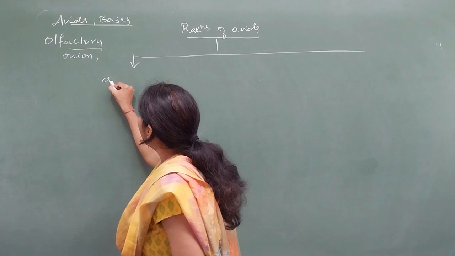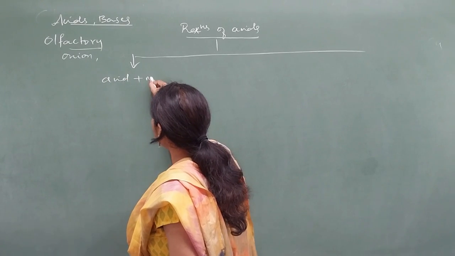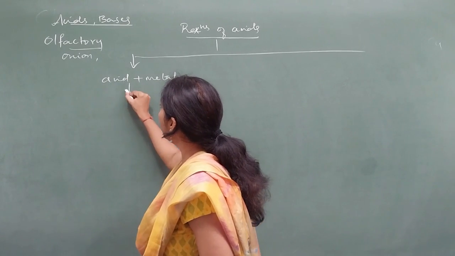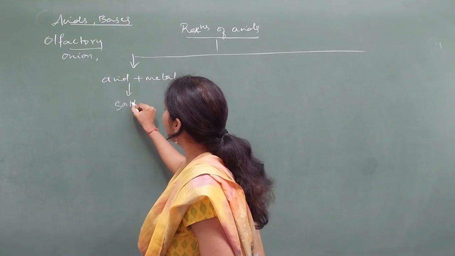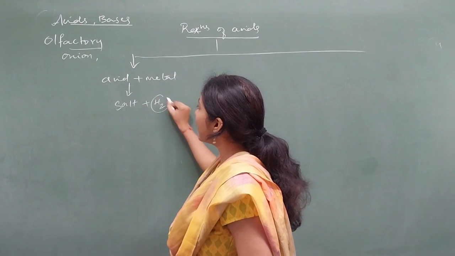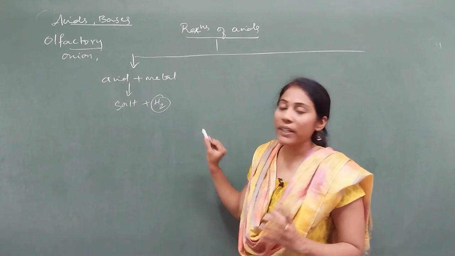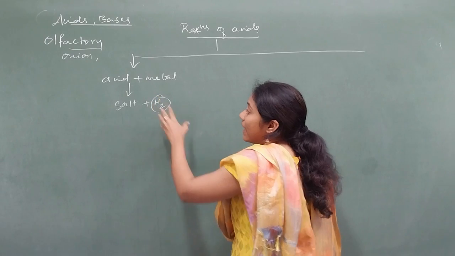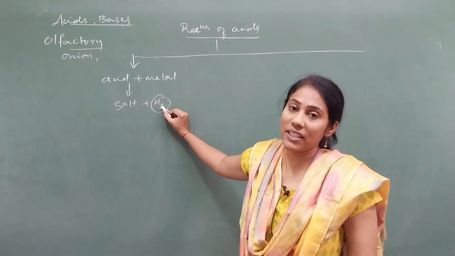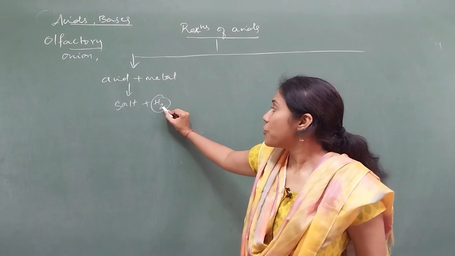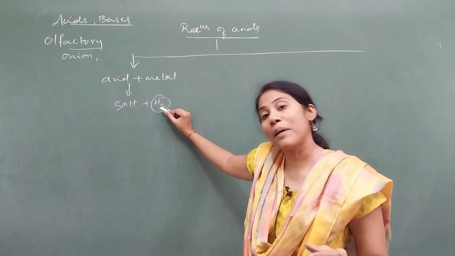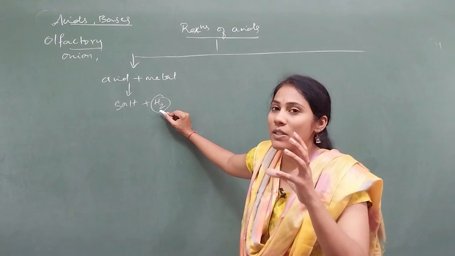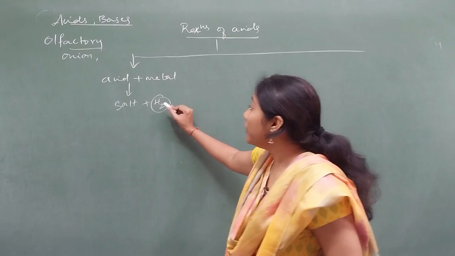See, acid reacting with any metal, you will always get salt plus hydrogen gas. This is very important. How do you detect the presence of hydrogen gas is a very common question. When a burning candle is kept near hydrogen gas, it burns with a pop sound. That is important.